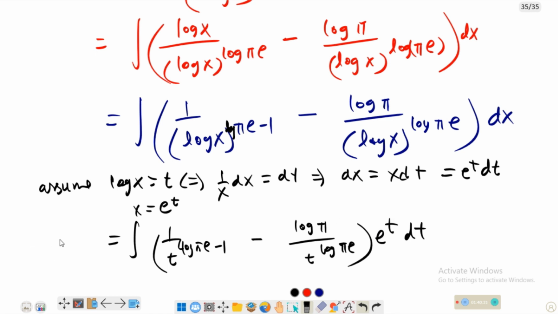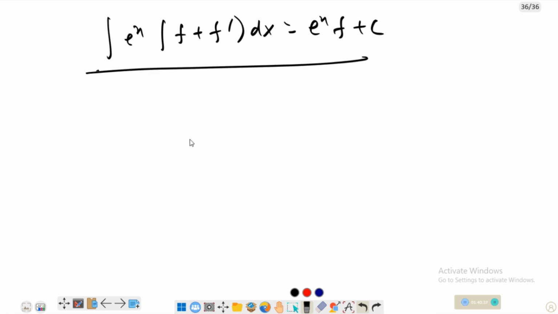Okay, so again I use the previous identity. What is our previous identity? Integration of e power x f plus f dash dx is equal to e power x f plus c. Okay, I use this identity for finding this integral.